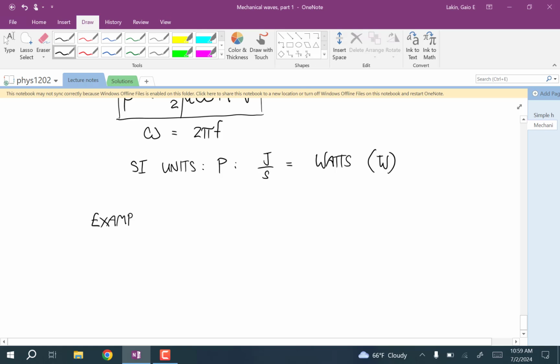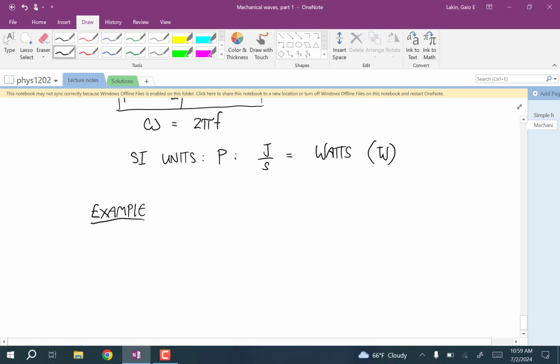Okay, so here's an example problem. So let's say we have a 2-meter long string with a mass of 0.3 kilograms, and the tension in the string is 120 newtons.